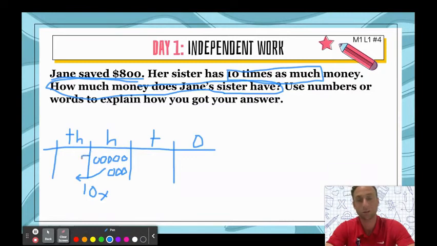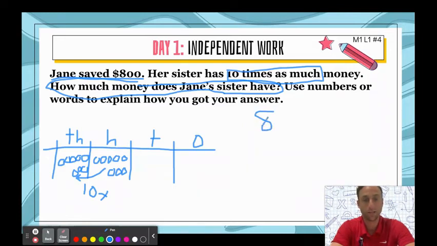So let's take a closer look. 1, 2, 3, 4, 5, 6, 7, 8. So Jane's sister has saved $8,000.